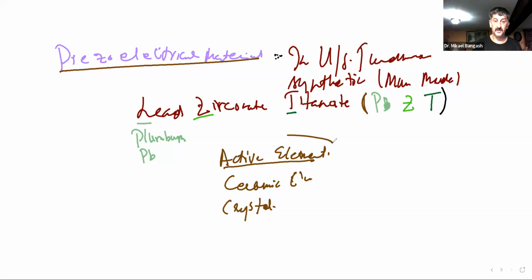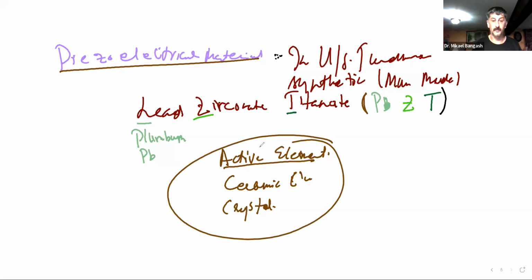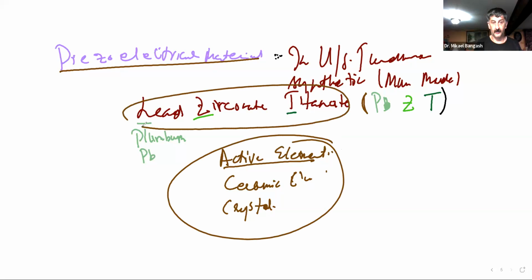So all these terms here are alternative terms that represent the piezoelectrical material of our transducer, which is mainly going to be made up of lead zirconate titanate, or we can abbreviate it as PZT.